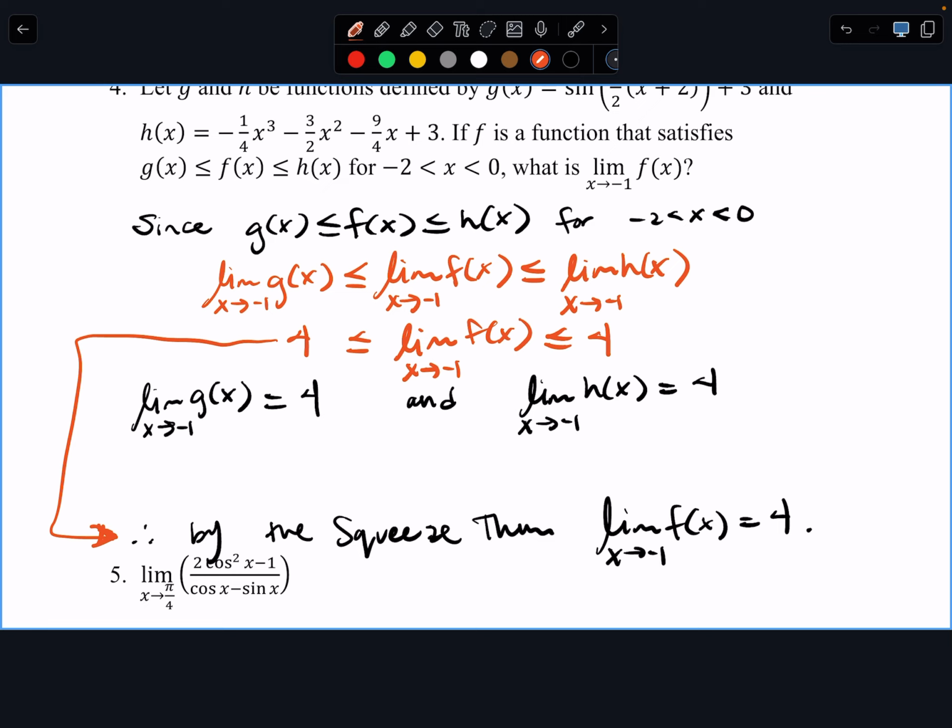And that's why you have to restate that. This question didn't tell you to use squeeze theorem. It's giving you information in order to evaluate this limit, and you're having to pull that information out and say, oh, squeeze theorem can be applied here because this is true, and therefore, by the squeeze theorem, this limit is true.